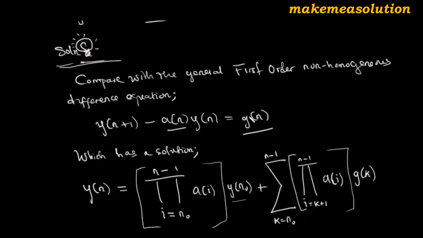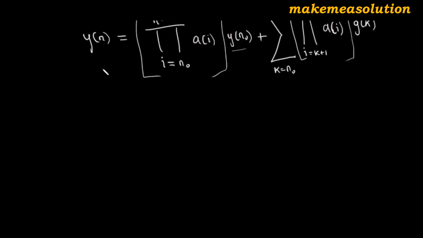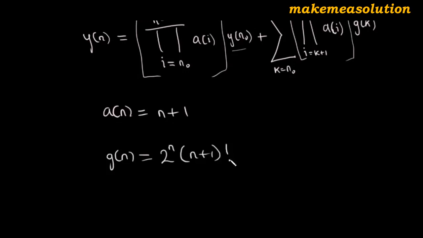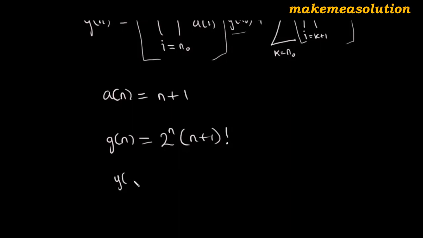So when you make the comparison, you can see that a of n is n+1 and g of n is 2 to the n times (n+1) factorial. You also have that y of 0 is equal to c, which is how we usually depict our initial condition, y of n naught. Since our initial condition is equal to c, an arbitrary constant, we can say our n naught is 0. That's our starting point, right?